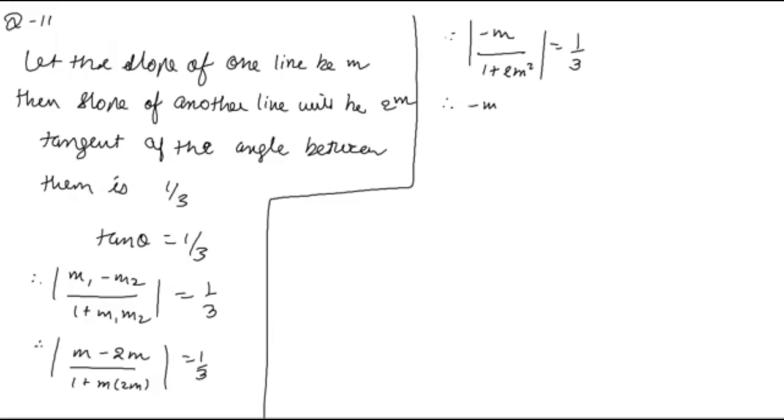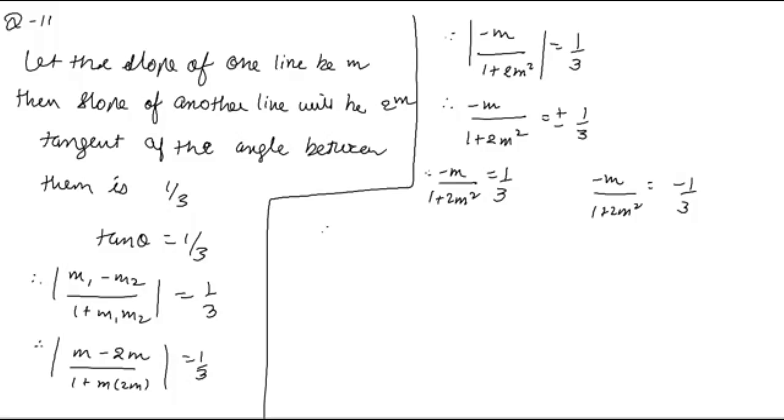So if I want to remove the mod, then I should write this as plus minus 1 by 3. So I will take two cases. One is 1 by 3, and another is minus 1 by 3. Therefore, minus 3m is equal to 1 plus 2m square. 2m square plus 3m plus 1 equal to 0.